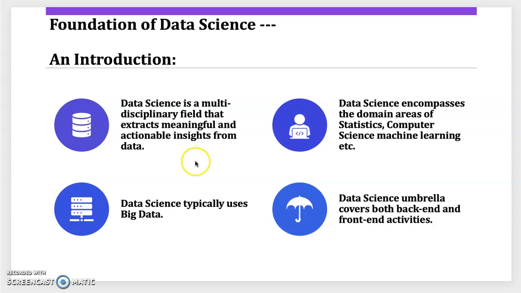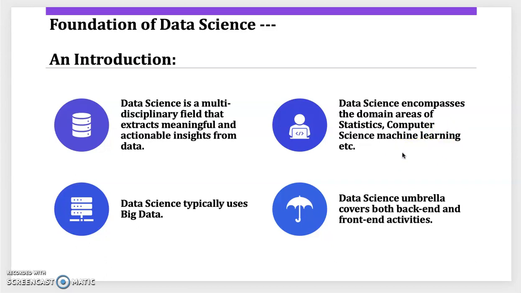So most of the time we use data science for big data. Data scientists utilize numerous techniques from the fields of statistics, mathematics, computer science, machine learning, and artificial intelligence that convert information into knowledge. That's why in data science we are combining many different fields. You have to have a computer science programming background.